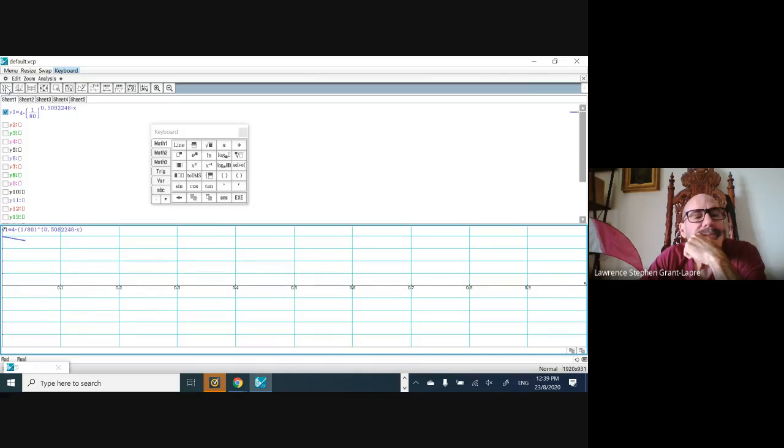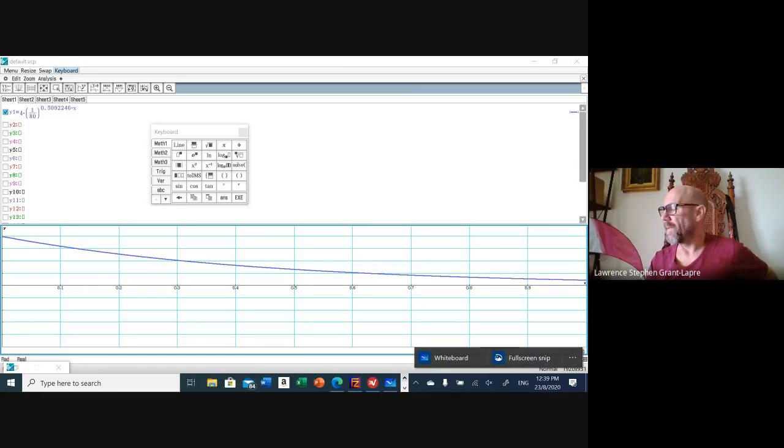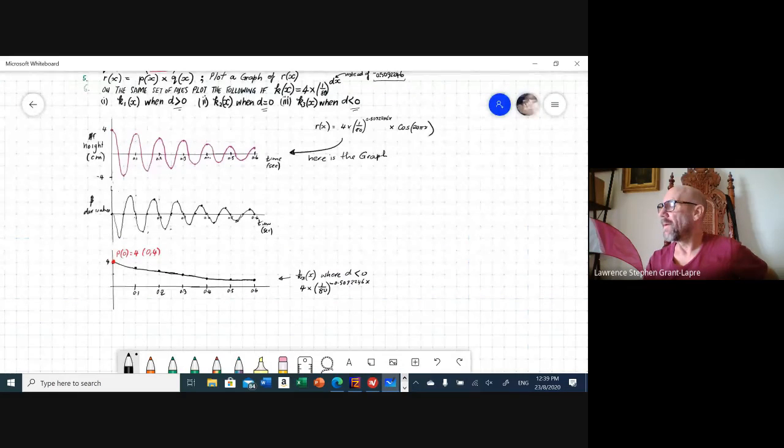sketch that graph. All right, that's a negative. Let me just check. Oh no, that's a positive. No, that's because we've got a d. That's the positive, isn't it?